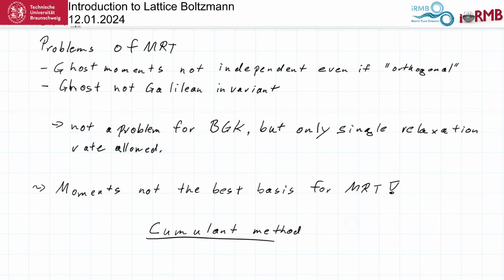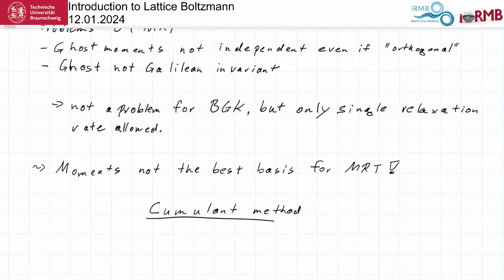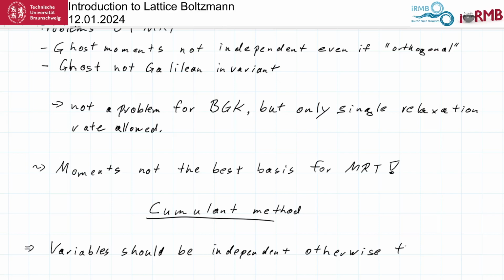Now we are looking for different variables that don't have this problem. So, first of all, the variables we are talking about should be independent from each other, because otherwise, I mean, if we want to do MRT, their relaxation would be coupled.